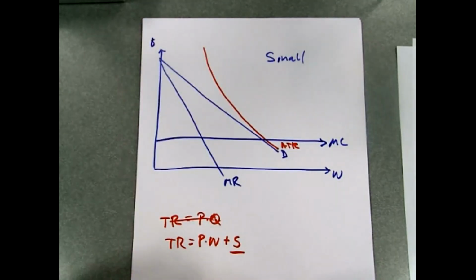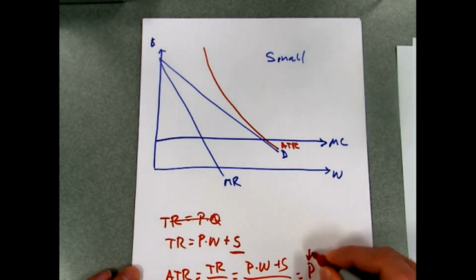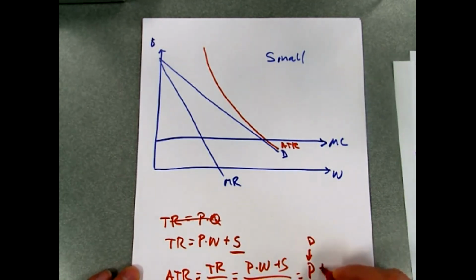But now if I try to do the same thing, average total revenue is total revenue over the number of wins or over quantity. Well, now I'll end up with the demand curve, but also plus this additional amount, right?